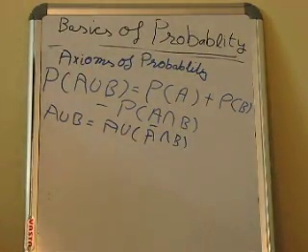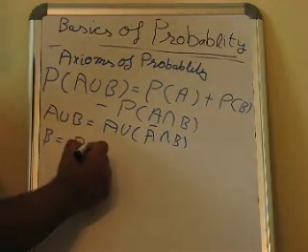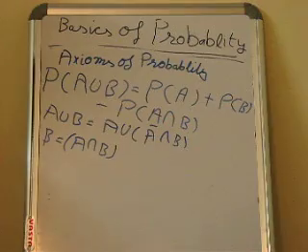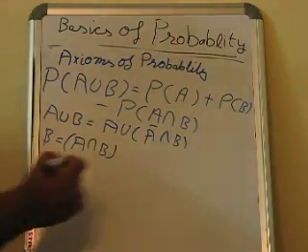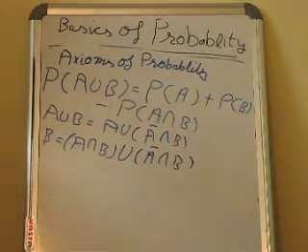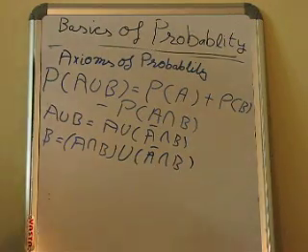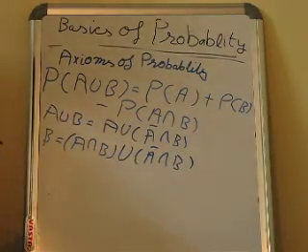And what is B? B is equal to (A intersection B) union (A bar intersection B). Refer to how I defined A in my previous session. Now, using these two equations, we will prove it.